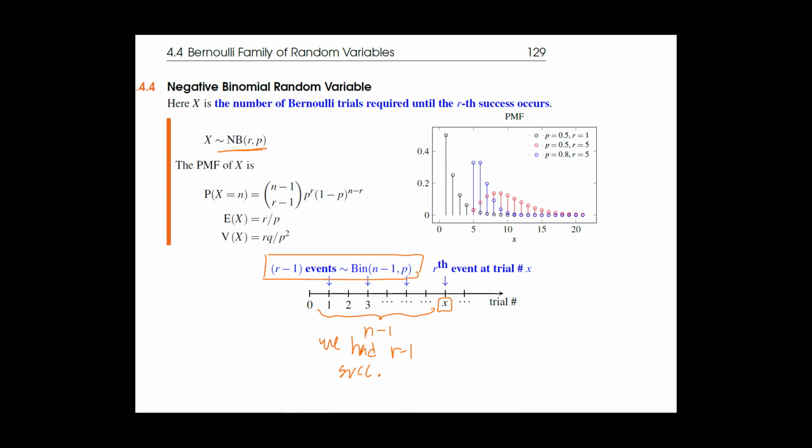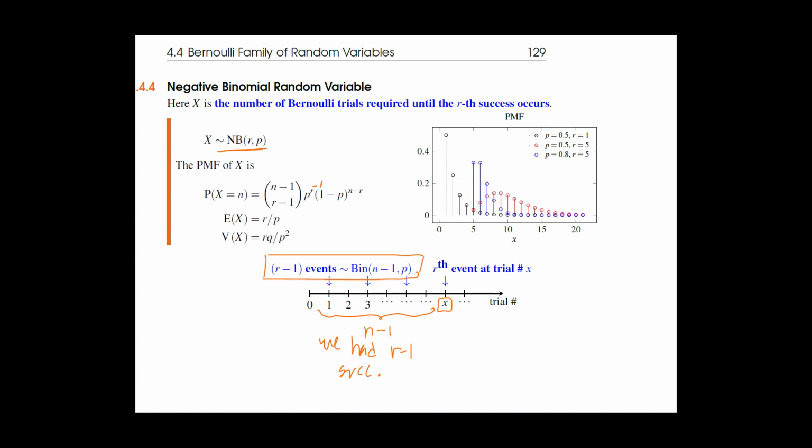Think about that a little bit. We want r-1 successes in n-1 trials. That's the very definition of binomial. It's the number of successes in a given number of trials. Okay, and that's pretty much it. Look, the probability of the binomial would be this one right here with r-1.